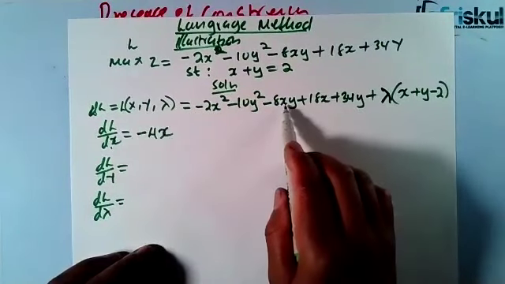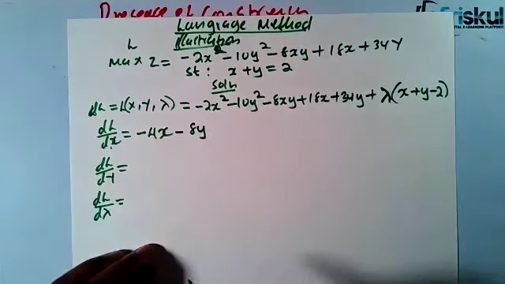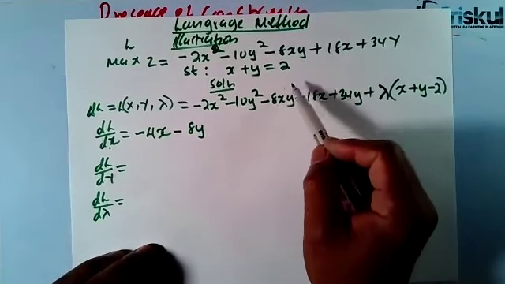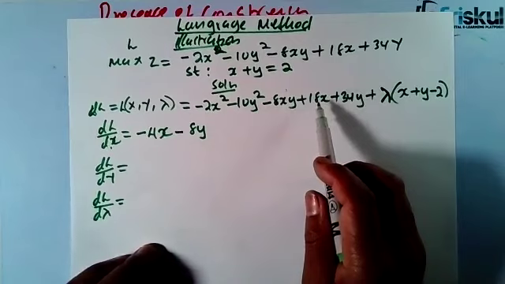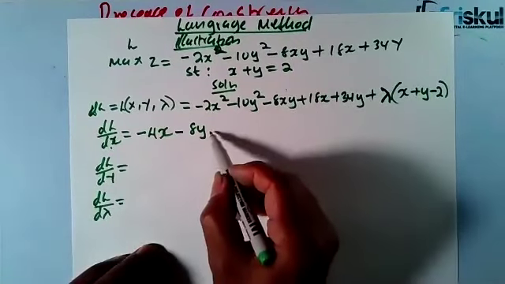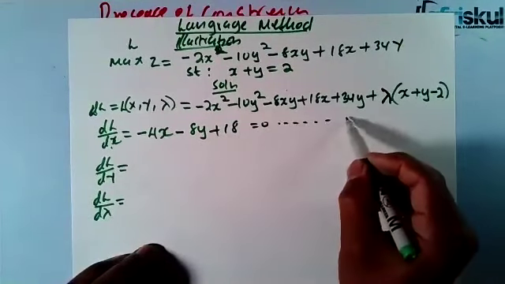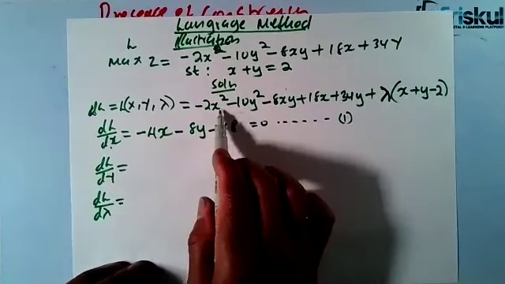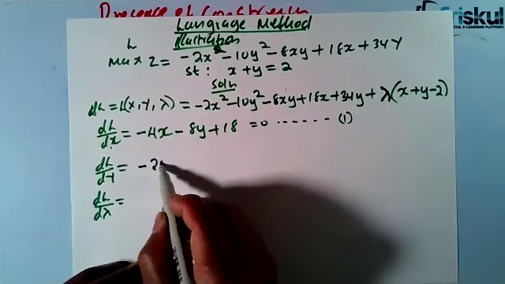We have another x here, so it will be minus 8y, because x raised to 1 times 8, you remain with y. Then we have 18x. This was 18x, so it will be plus 18 is equal to 0. You can call it equation number 1. With respect to y, there is no y here, we have y here. So it will be 2 times negative 10, which is negative 20y.